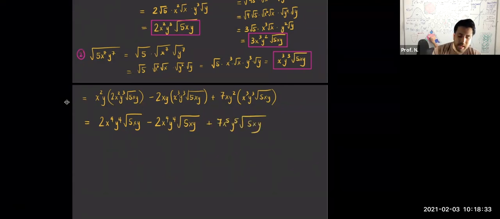And again, when I multiply, same bases, I just add the exponents. That's why I get the result. And what so nicely happens is that these expressions here are exactly the same thing, and I subtract them. So I'm left with those things being canceled out. And the result is 7x to the 5th, y to the 5th, the square root of 5xy.